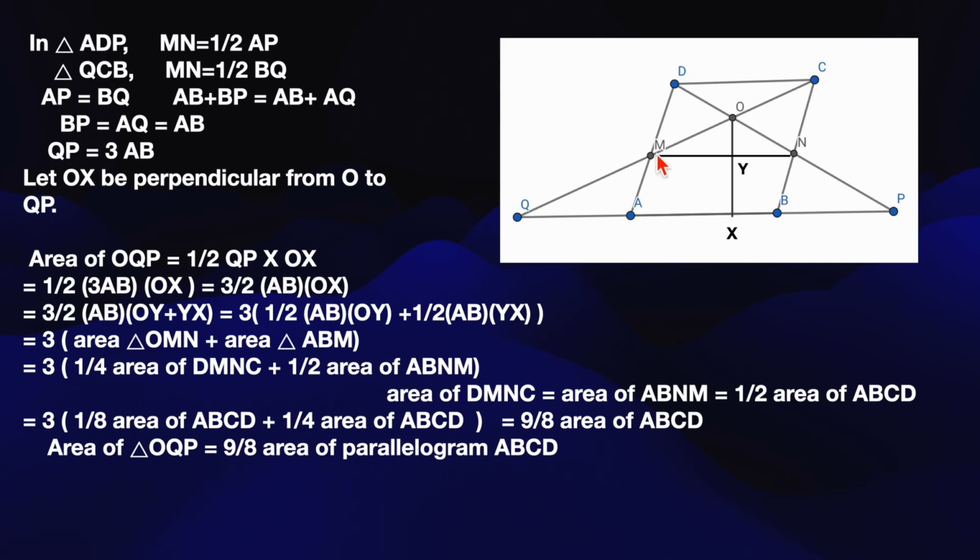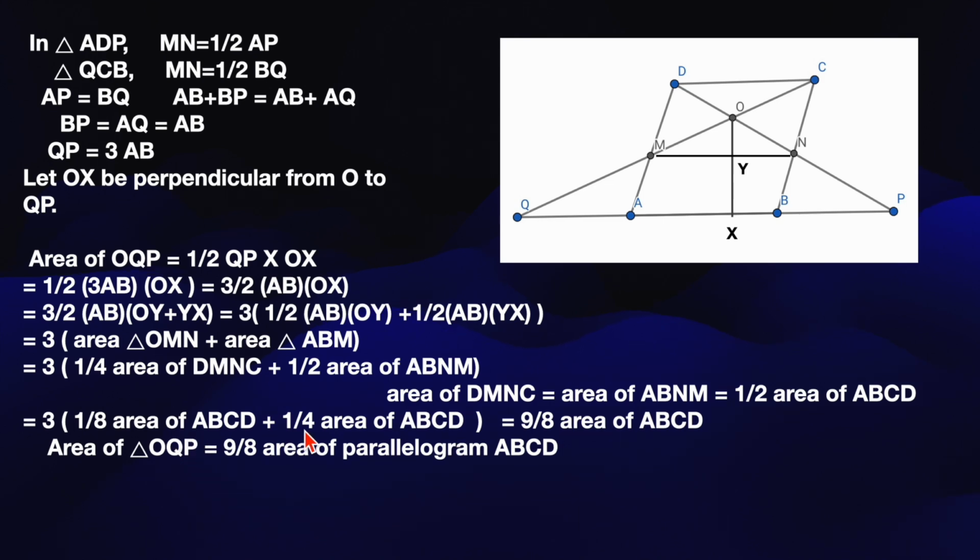Now let us see this triangle ABM. You can see that it is half the area of this parallelogram. And this parallelogram is equal to this. So it is 1/4 the area of the parallelogram ABCD. So it is 1/4 area of ABCD.